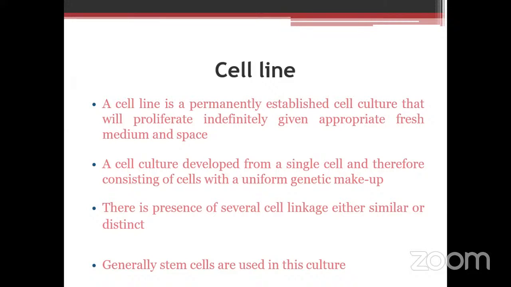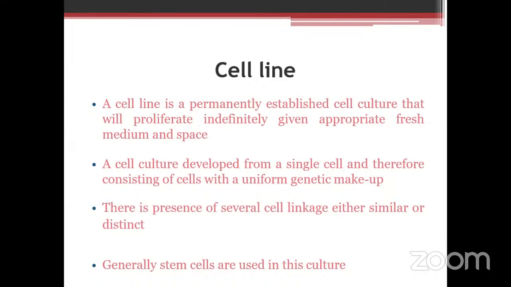A cell line is a cell culture developed from a single cell and therefore containing cells with a uniform genetic makeup. So a cell line starts from a single cell, and all the cells in that cell line will have the same genetic makeup. There are no mutations or different genetic composition.